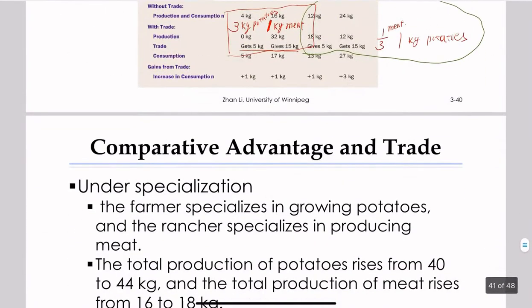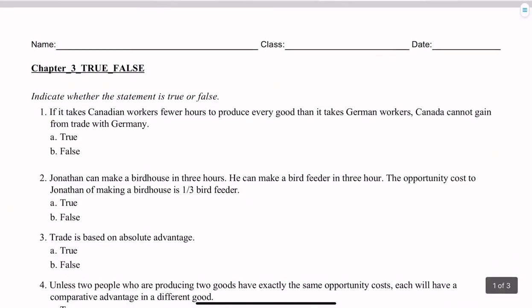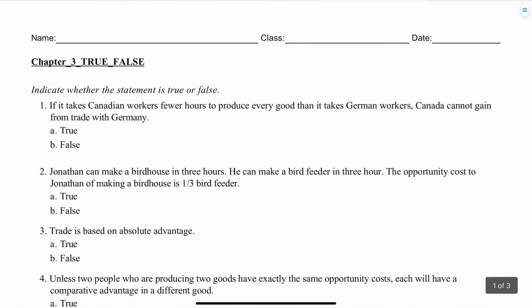Okay, so let's look at the true-false problems. If it takes Canadian workers fewer hours to produce every good than it takes German workers, then Canada cannot gain from trade with Germany.